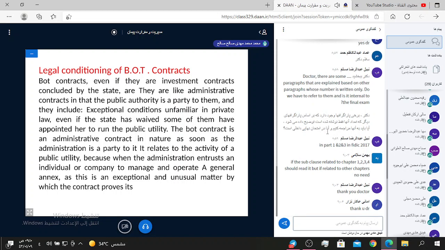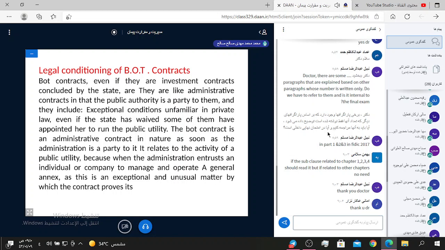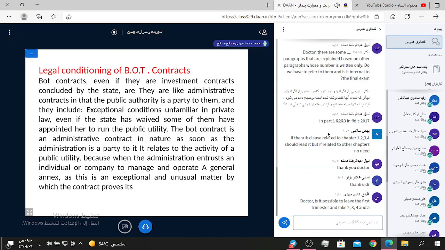when the administration entrusts an individual or a company to manage and operate a general utility, as this is an extension and mutual material by which the contract provides it.